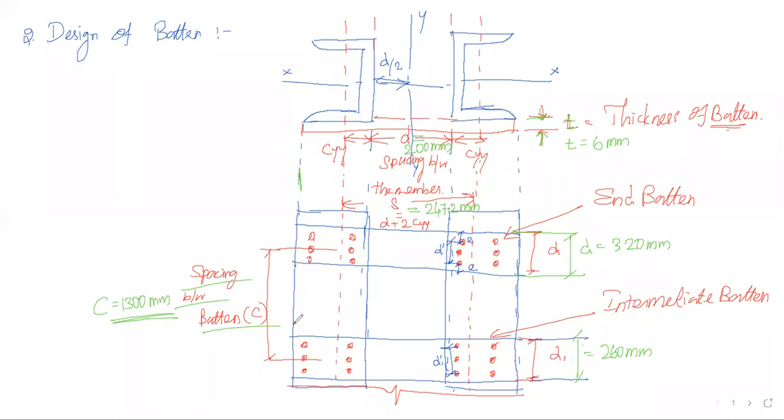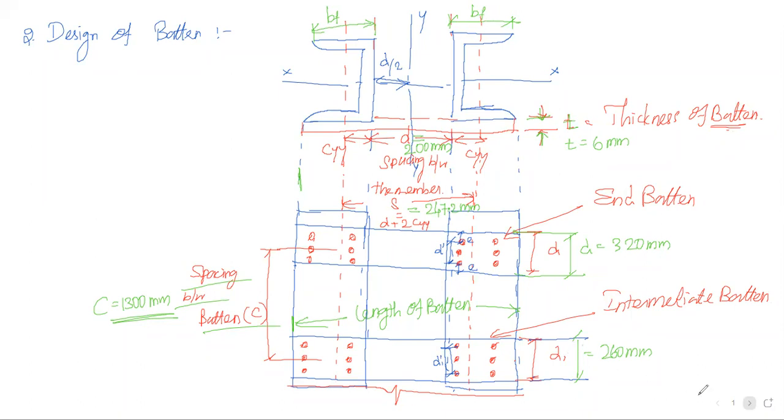The length of the batten is from outer to outer edge, so that is D plus the breadth of flange on either side. By adding this, I can get the total length L.